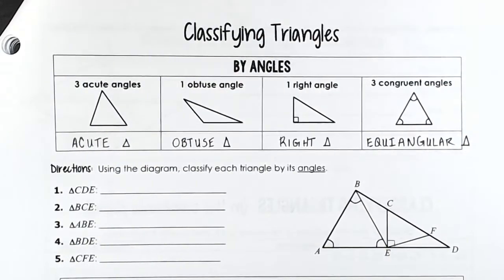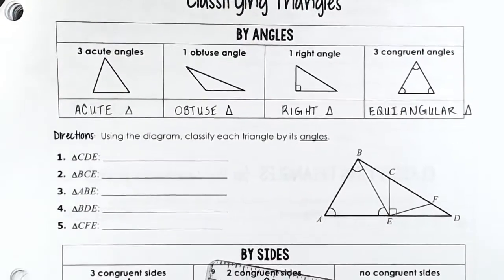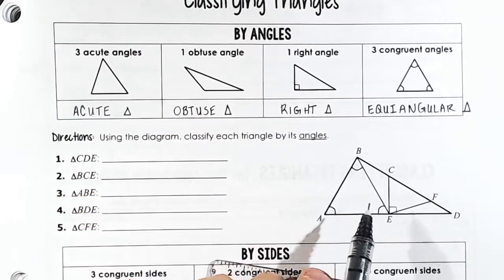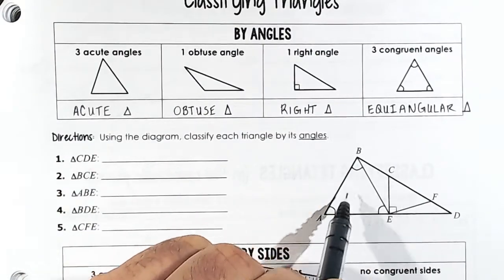Okay, so now we're going to take a look at this diagram right here and classify the triangles that we find within it. So without looking at this mess right here, we can classify these triangles one at a time. This triangle here is equiangular, okay?